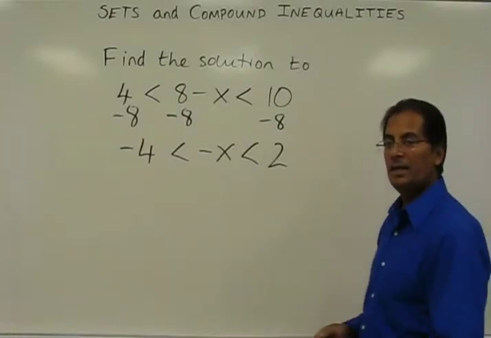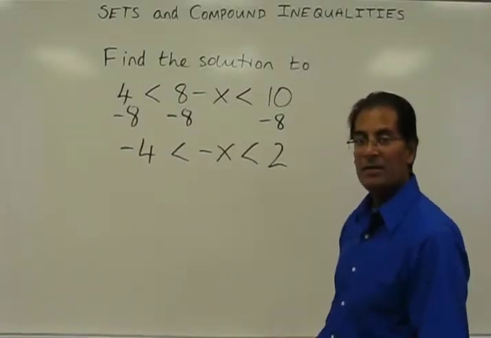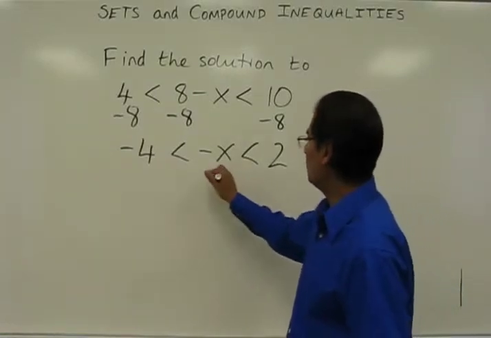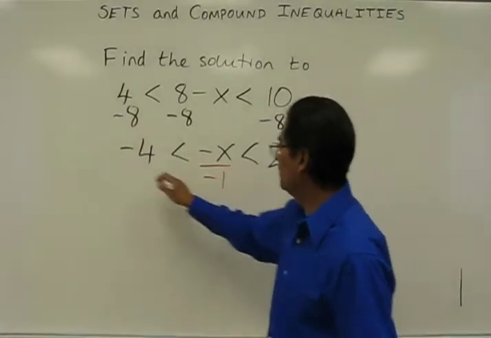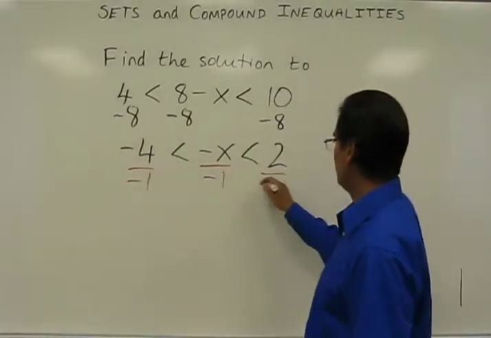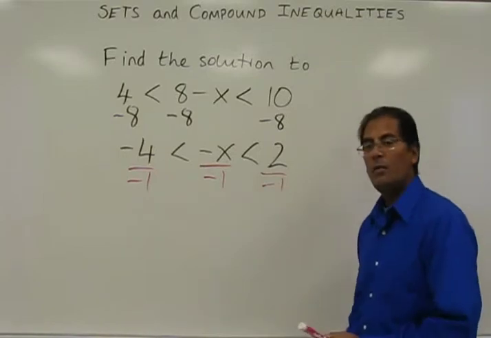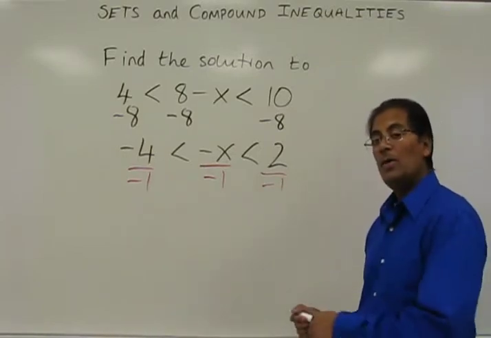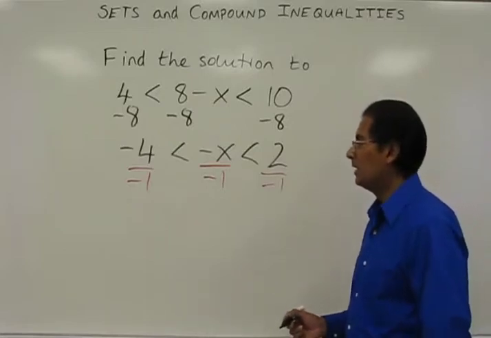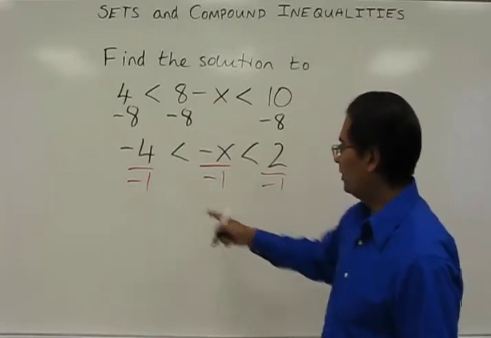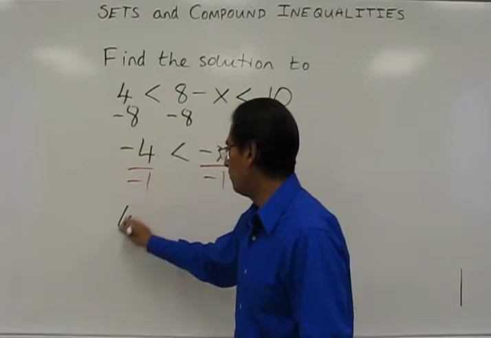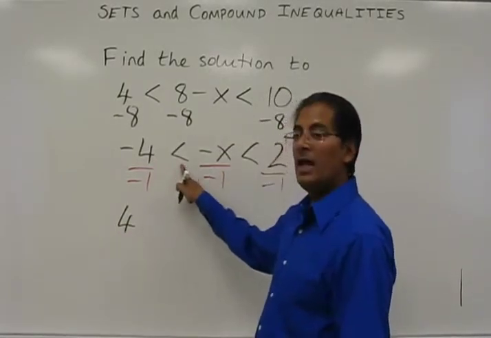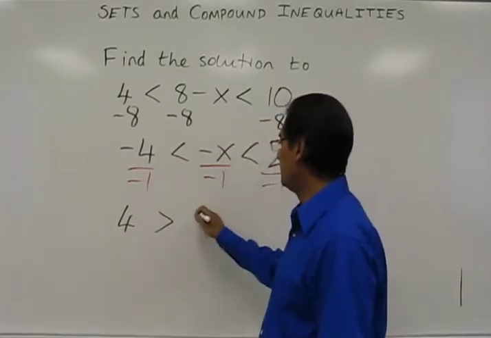However, we have a negative x. I need to divide out that negative because I just want x, so we divide everything by negative 1. Now, when you divide by a negative number or multiply on an inequality, the inequality flips. So negative 4 divided by negative 1 is 4. And this less than becomes now greater than.